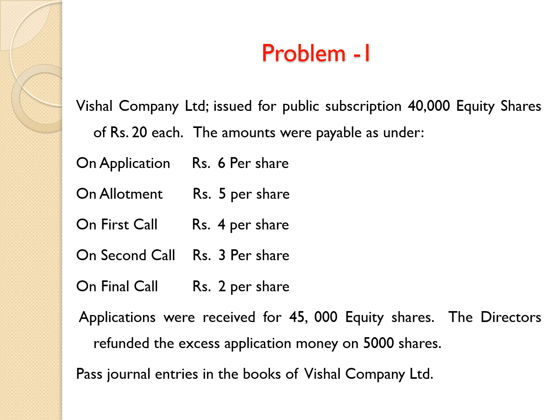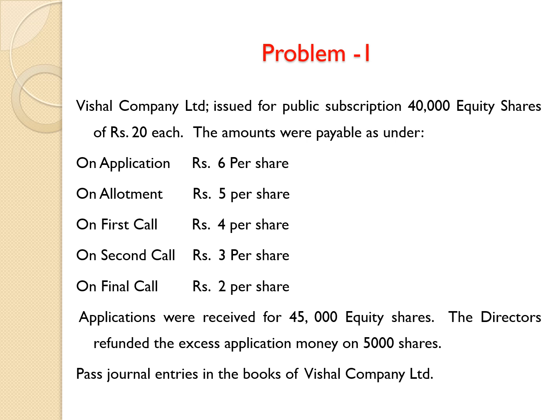There are two options for excess application money. One option is to reject all applications, and another option is to adjust excess application money to some extent to allotment or call money.